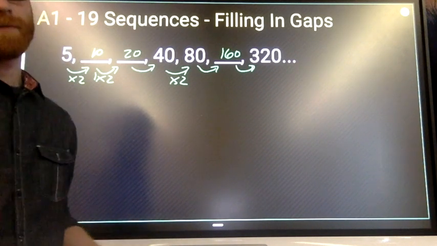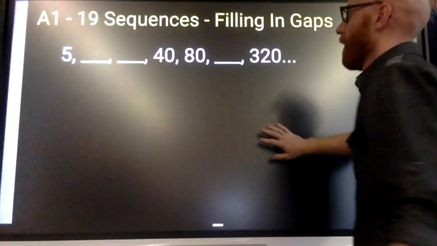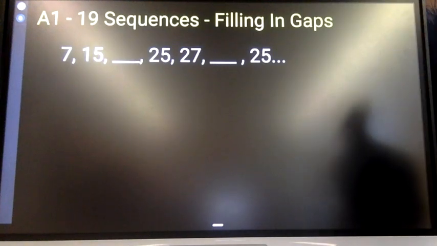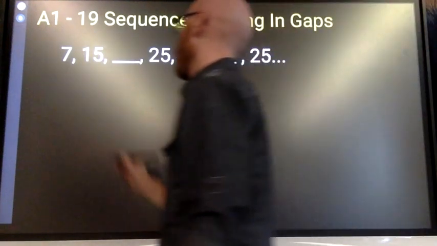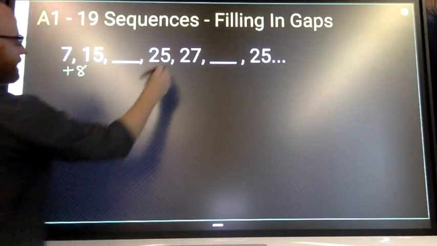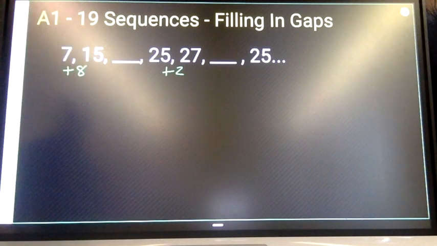All right, so you kind of just have to test the types of sequences and see if you can find one that works. All right, we got here plus 8, here plus 2. It's not arithmetic.